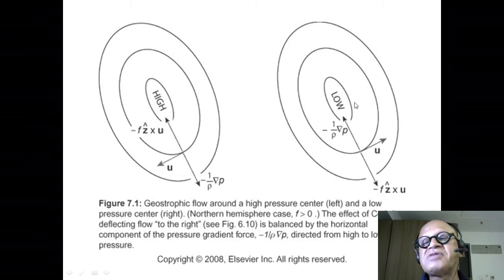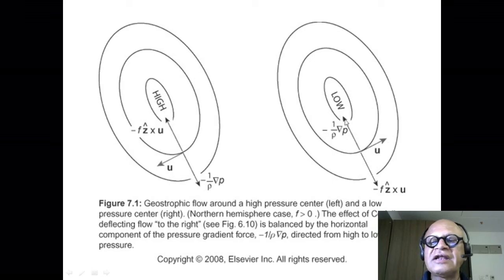Okay, the same thing when you look at a flow around a low pressure center. You have low in the middle, high all around, so flow is going to be from high outside towards the low inside, and you can add Coriolis to get the rightward deflection here, and you have now the pressure gradient going inward and Coriolis outward balancing.